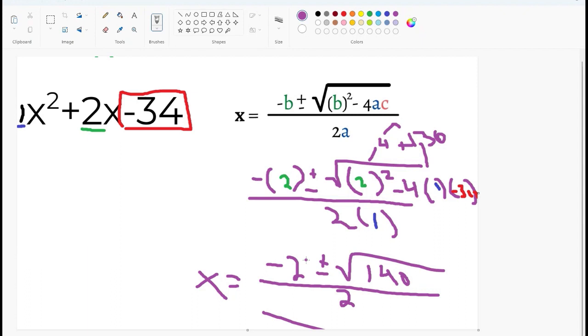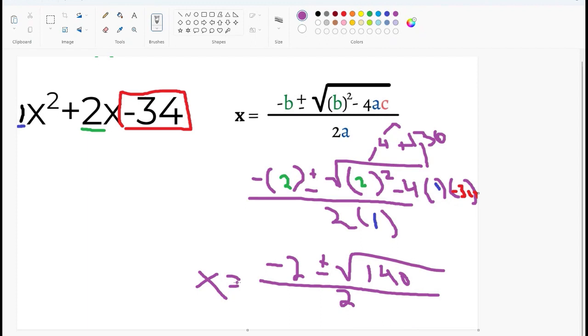But just because you get a long yucky number like this does not mean it's wrong. I know we're used to having whole numbers, but sometimes we get yucky numbers like this. Sometimes you did do it wrong, but not every time you get a yucky number is it wrong. Sometimes it's supposed to be like that.